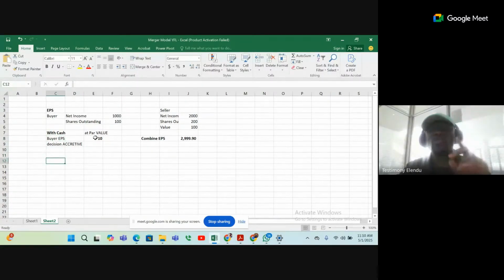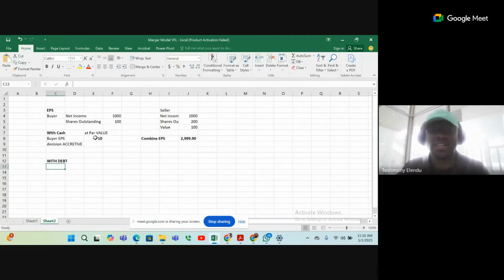This particular thing is going to change if we use debt. With debt, if we use debt for this particular acquisition, it is going to be slightly the same. But in this case, what is going to determine the net income, or what's going to determine the adjusted net income, is going to be the interest we paid for debt.